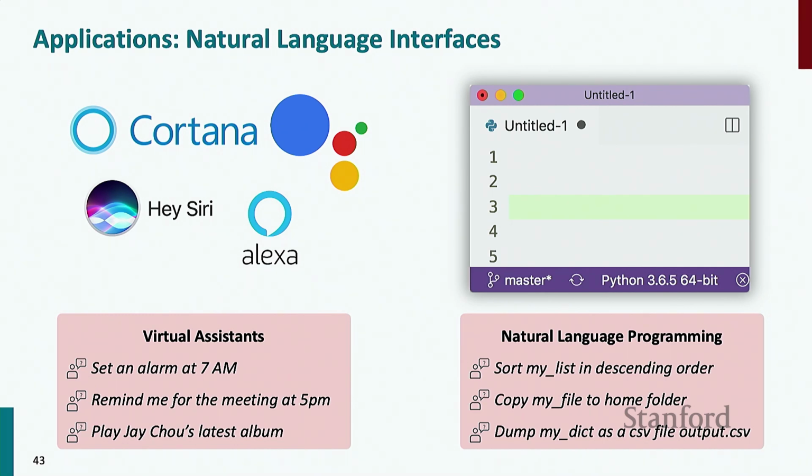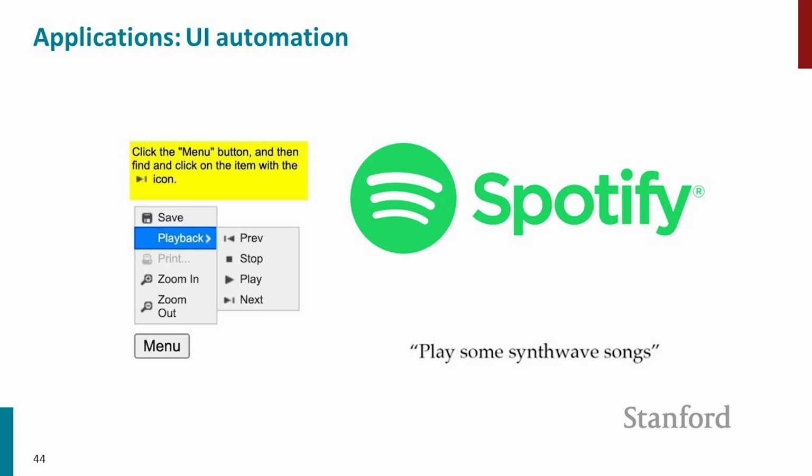You could also do natural language programming, where, given natural language descriptions, you get a model to write Python code. Another example is UI automation, where maybe you want to do automated testing of UI elements. Instead of having a human verify whether a UI element works, maybe you can get a model to execute actions corresponding to a given instruction.